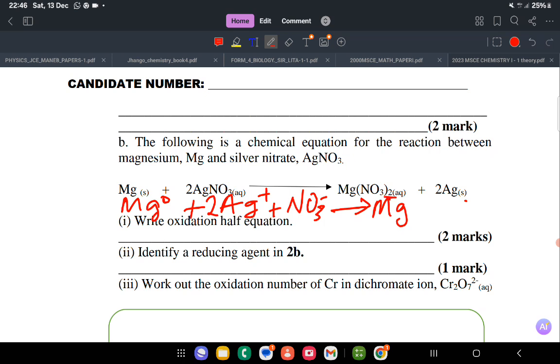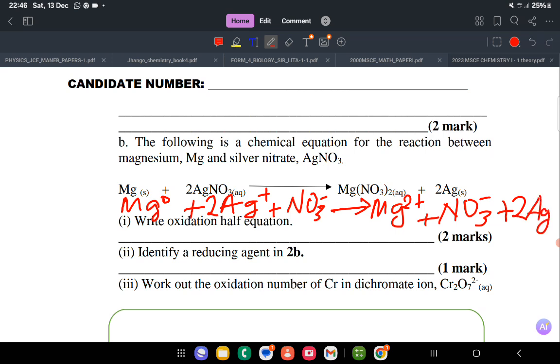Because the subscript here is telling us that in order to form magnesium nitrate, we must have magnesium ions Mg2+ and the nitrate ions, and then 2 silver, which is solid.